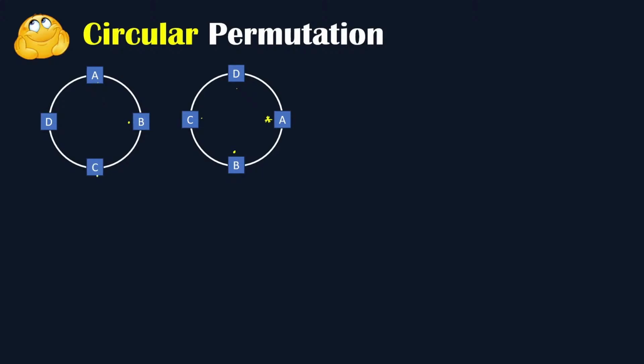Now, I have a big question here. Let us say a person enters a room and he observes that A, B, C, D are sitting in this way. He observes that on the right side of A, D is sitting. On the left side of A, B is sitting. And the arrangement is A, B, C, D. Now when the boy comes out of the room, what will he inform me?